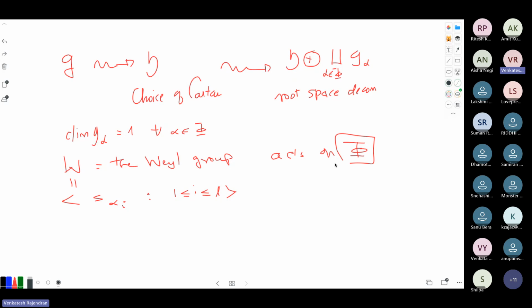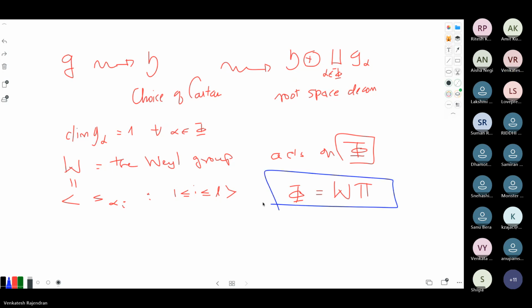But conveniently, we know this action very explicitly. You can take the simple roots, and then you can make W act on the simple roots, and get back all the roots. So this is what you use in order to prove this.